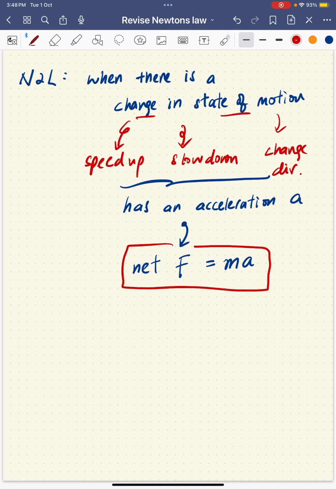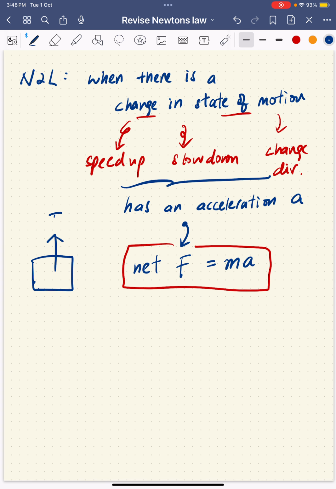Let's see an example. Let's say I again have the object that is being pulled by a rope. So upwards tension, and again downwards we have the weight. But say the rope is pulled by a larger force than just now, so my object is going to accelerate upwards.